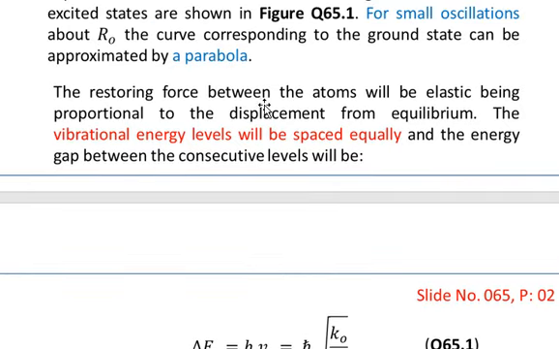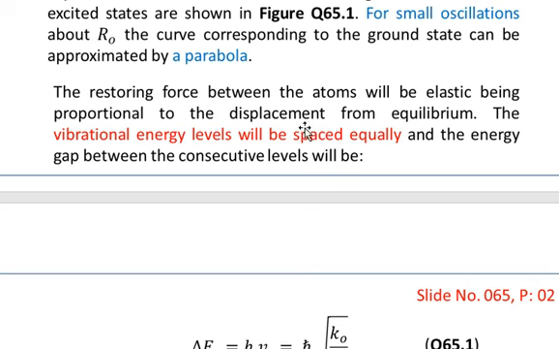The restoring force between the atoms will be elastic, being proportional to the displacement from the equilibrium, that is the displacement from the value R0, because R0 is the equilibrium distance, the distance where the molecule gets to the equilibrium position.